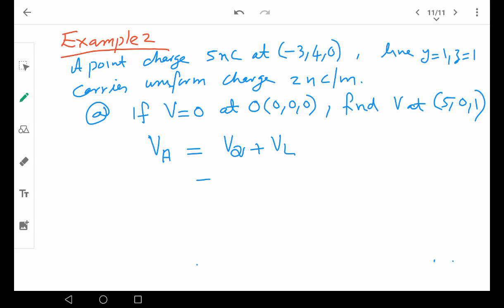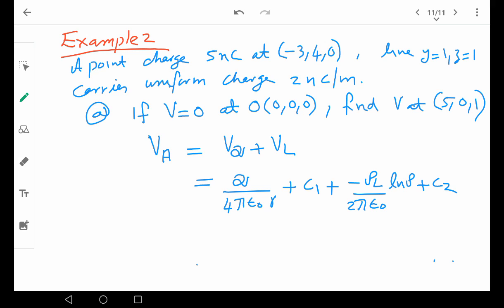So you can write it as Q by 4 pi epsilon 0 R plus C1, minus rho L by 2 pi epsilon 0 ln rho plus C2.